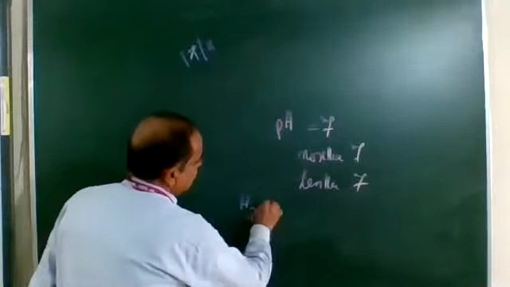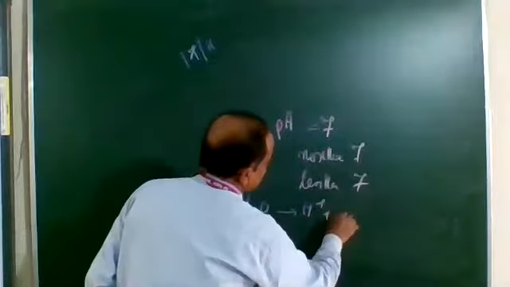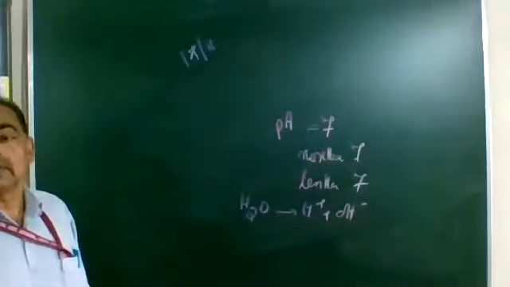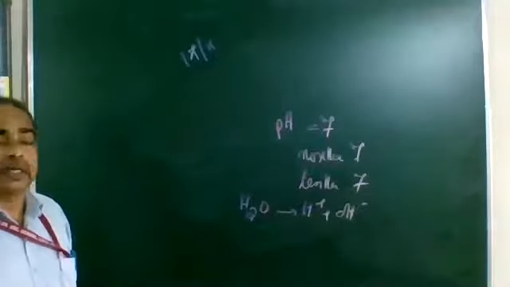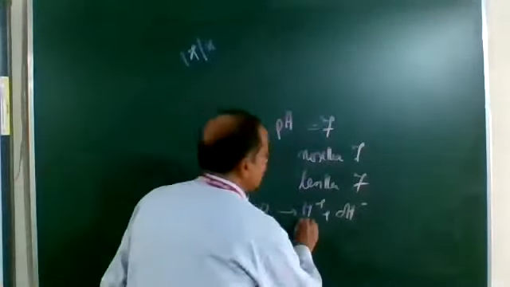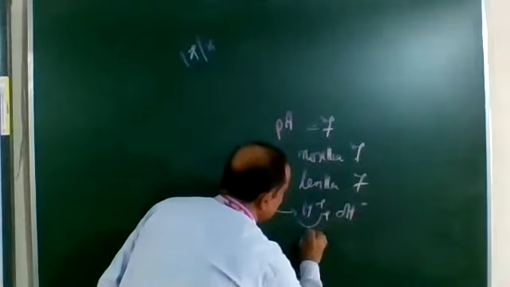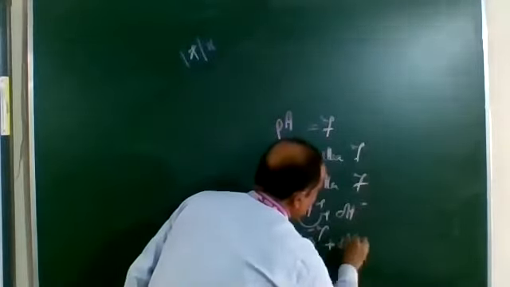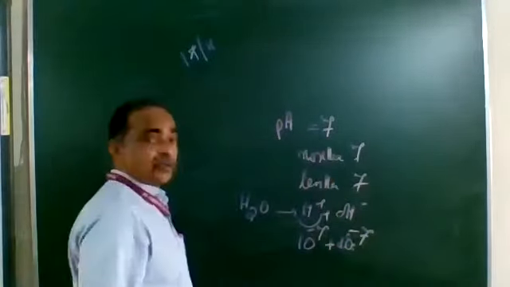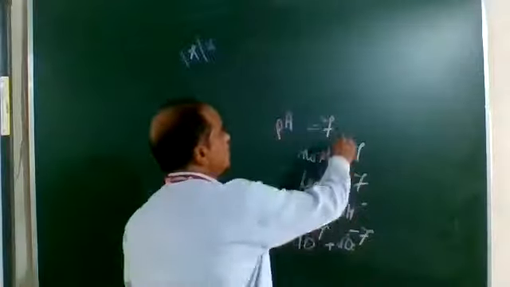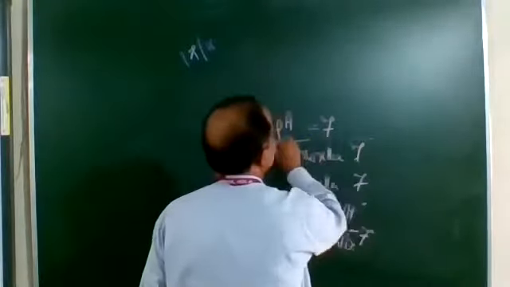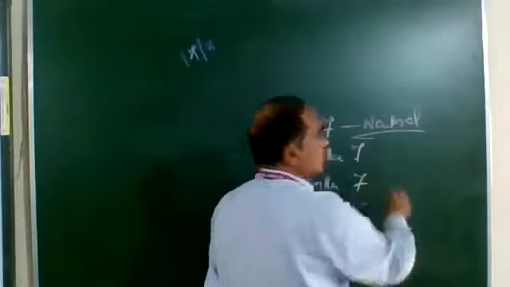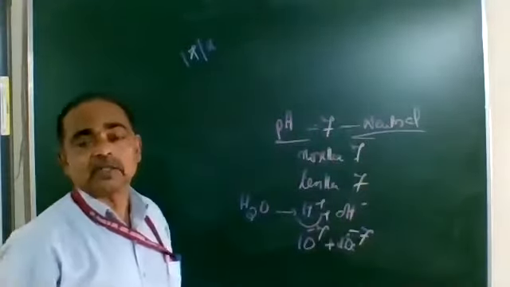H2O contains equal numbers of H plus and OH minus ions. It has been calculated that the hydrogen ion concentration in H2O is 10 to the power minus 7 and the hydroxyl ion is also 10 to the power minus 7. Therefore, for any neutral solution, pH is equal to 7.